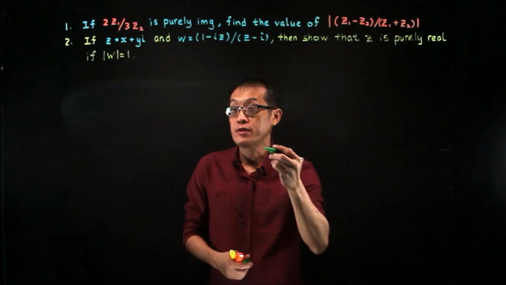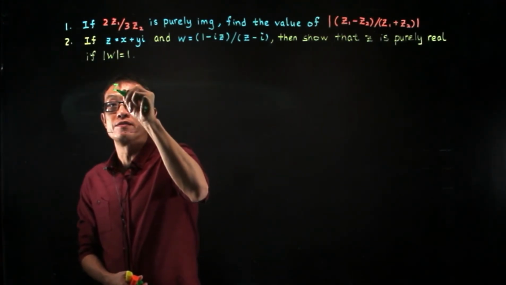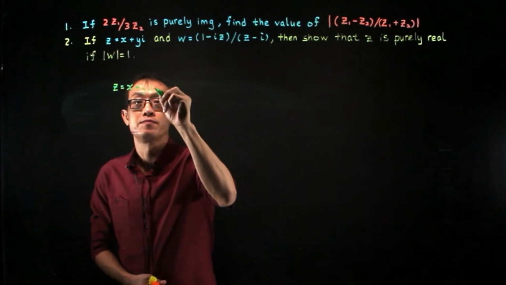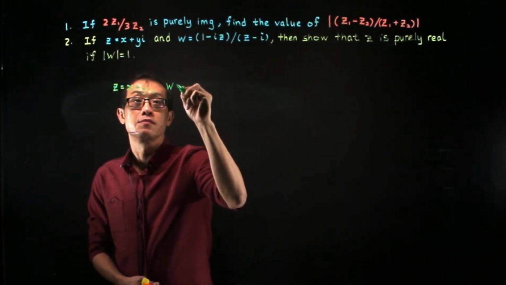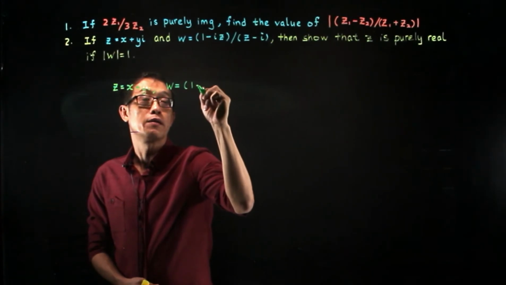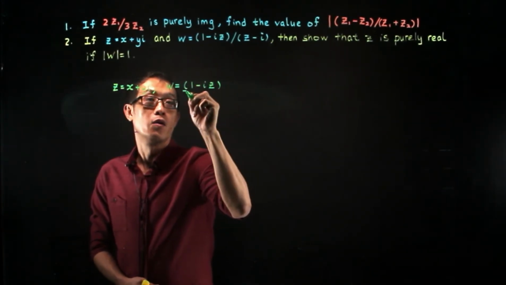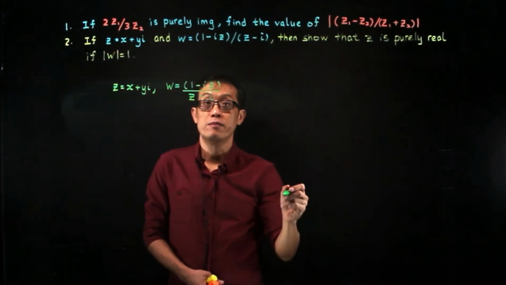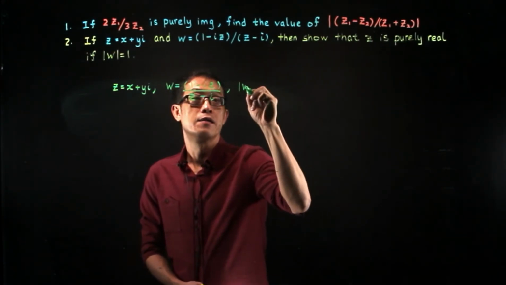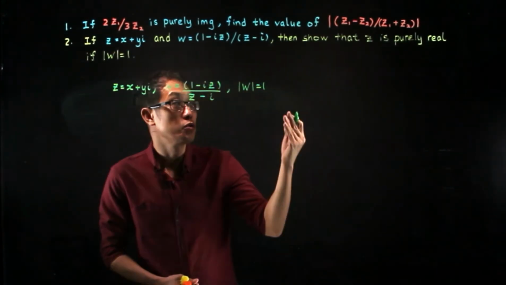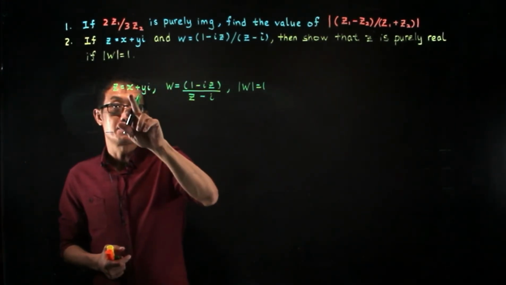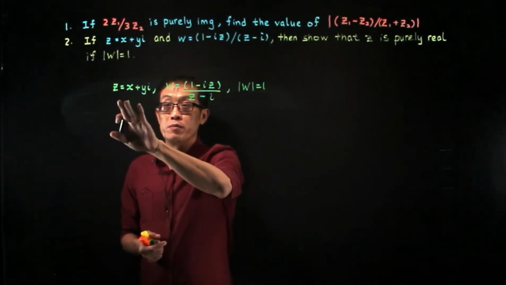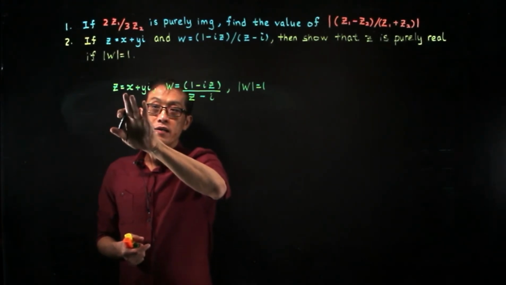Let me write down what is given to us first. z is equal to x plus yi, w is equal to 1 minus iz over z minus i, and the modulus of w is equal to 1. We are supposed to show that z is purely real. That means y must be equal to 0, so z will just be the real part, that is x.